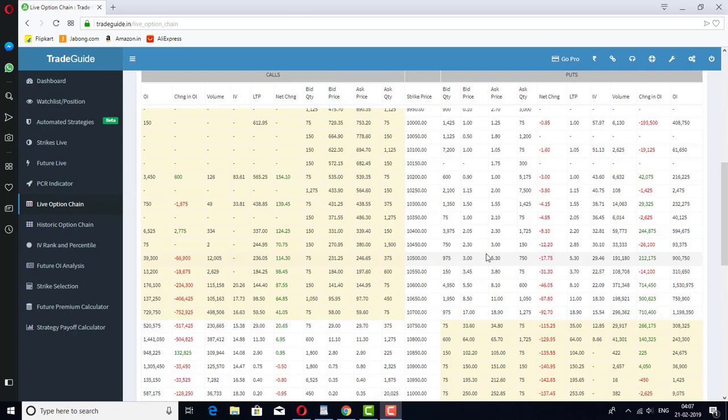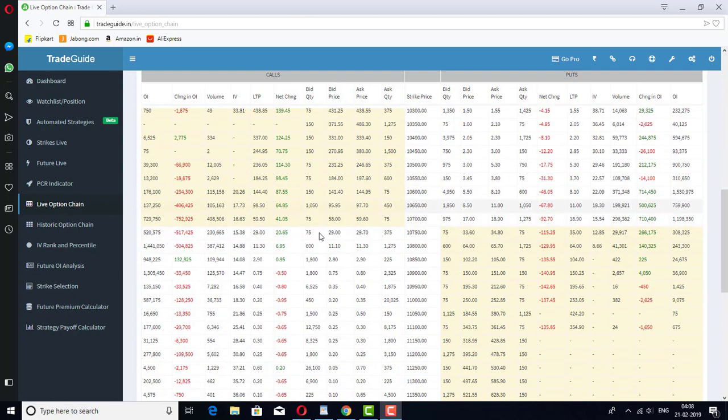So there are no participants who are willing to bet on that, and that is why we do not have any data of that. Here you can see that at 10,450 the volume is only 2, and at 10,150, 10,100 there is no volume, so there are no participants over there.